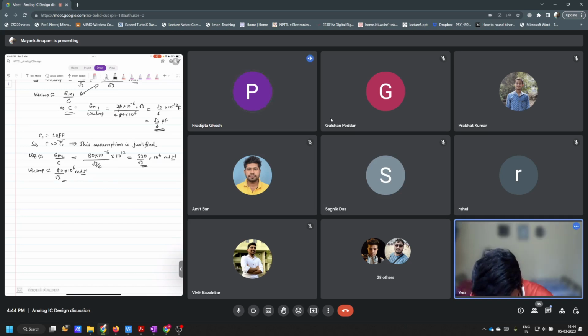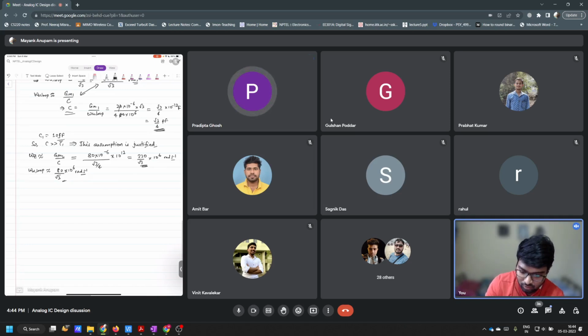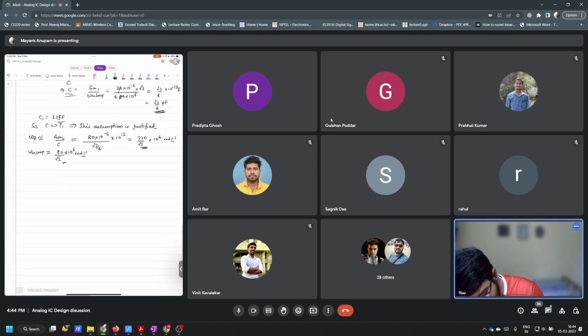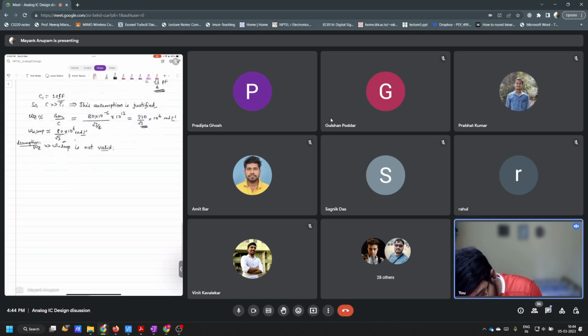If you do not consider that, you will have some error, so let's go with the exact value. The assumption that omega Z is much greater than omega u loop is not valid, isn't it?